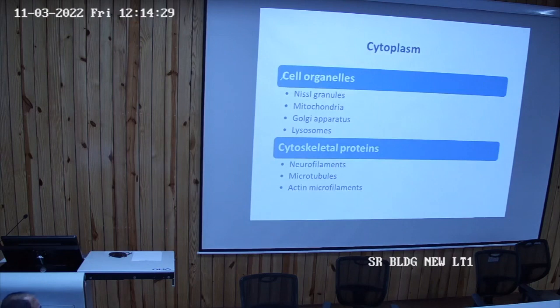The cytoplasm has different organelles. Besides the nucleus, there are organelles like nucleus granules, which are nothing but rough endoplasmic reticulum, and mitochondria, Golgi bodies, and lysosomes, all the structures which other cells also have, then the structural proteins like neurofilaments, microtubules, and microfilaments.